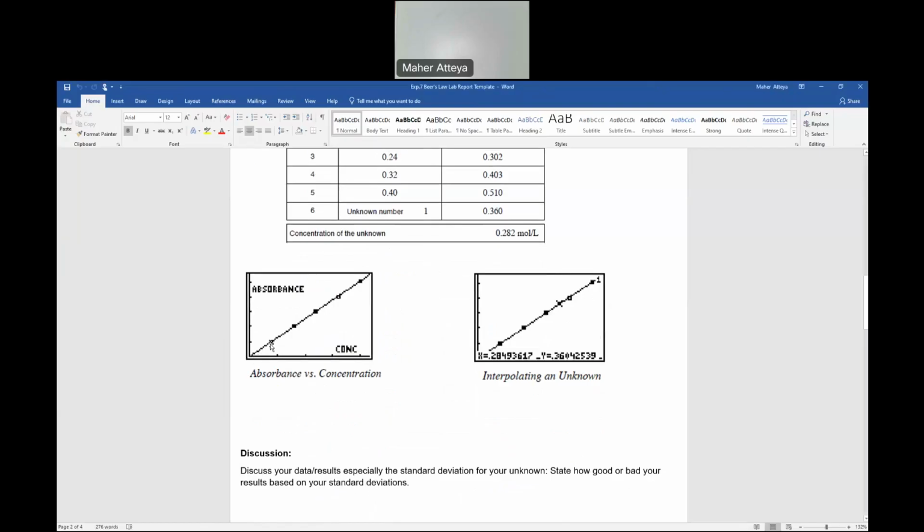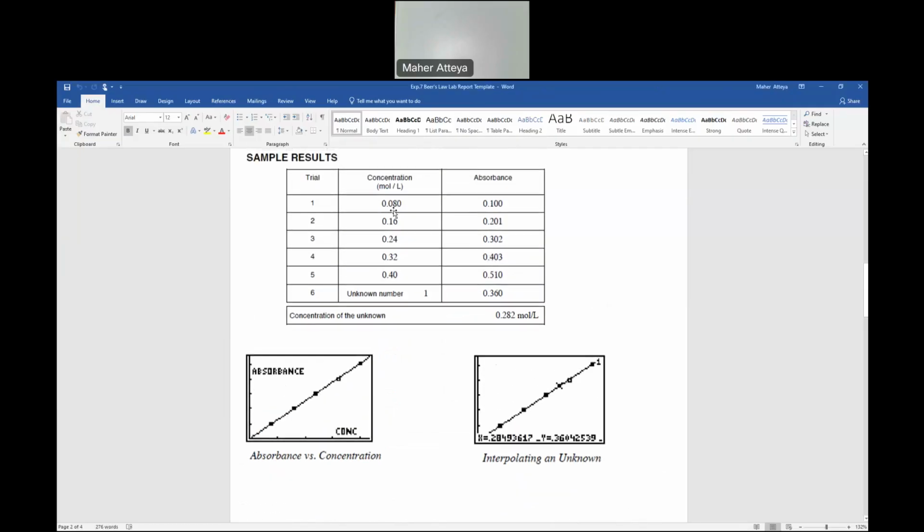And it goes 0, 1, 2, 3, 4, and then number 5 is the stock solution, 0.4. So you have all these concentrations here: 0.08, 0.16, 0.24, 0.34, 0.4. So please do not come with the same values.